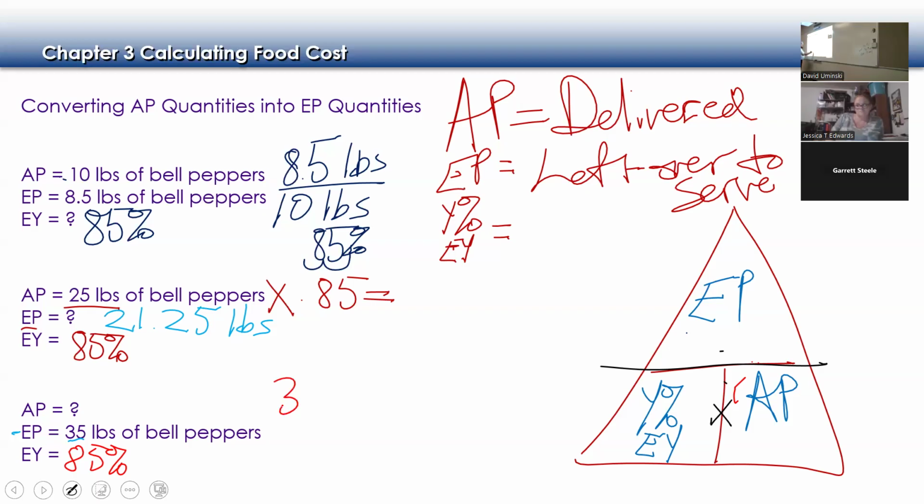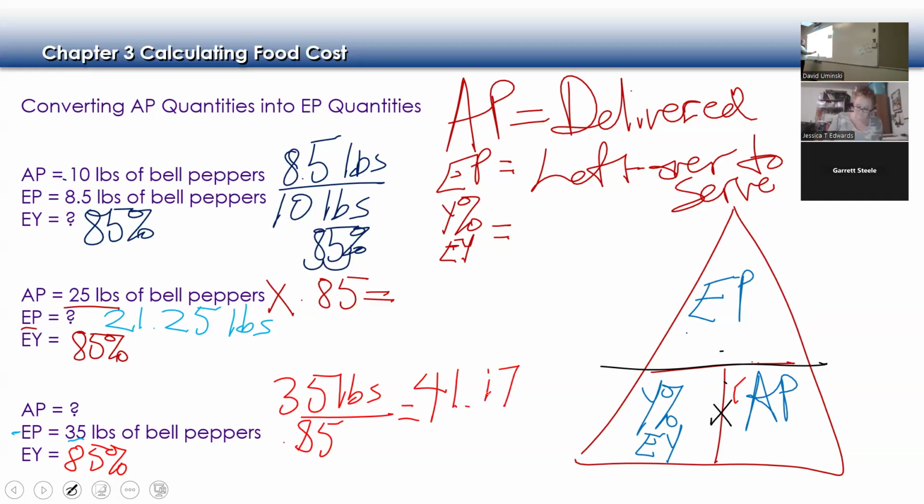So if we do 35 pounds divided by 0.85 is... Serena, what did you get? 41.17.